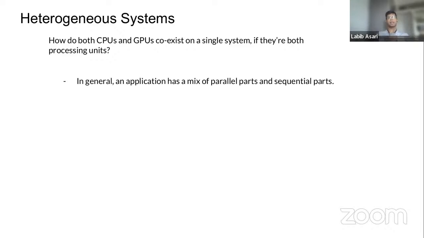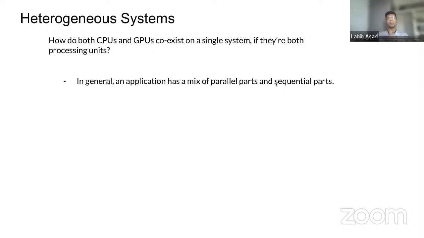In general, any application has a mix of parallel and sequential parts. A sequential part is where each operation is dependent on the other operation. A good example is calculating the nth Fibonacci number. If you want to calculate the nth Fibonacci number, we must know the n-1 and the n-2 Fibonacci numbers, because without calculating those two numbers, we cannot calculate the nth Fibonacci number.